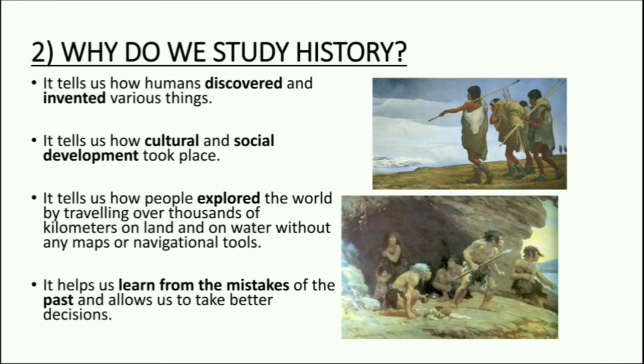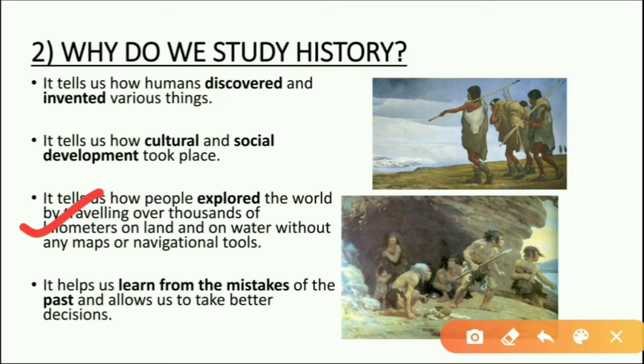See, third point, it tells us how people explored the world by traveling over thousands of kilometers on land and on water without any maps or navigational tools. In ancient times, the ancient humans did not have any maps or navigational tools like a compass, which helped them find the direction.